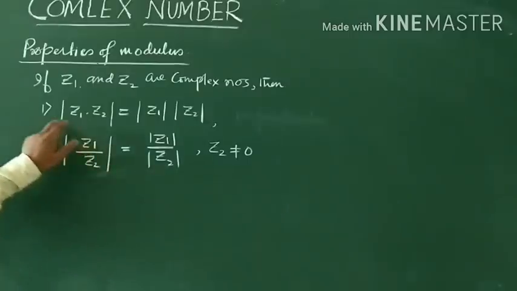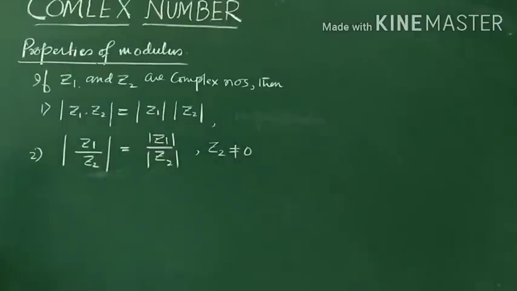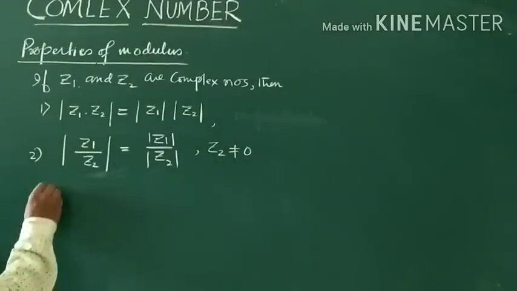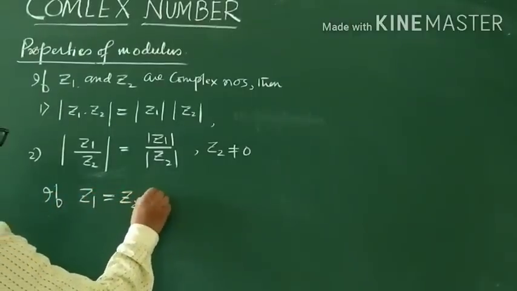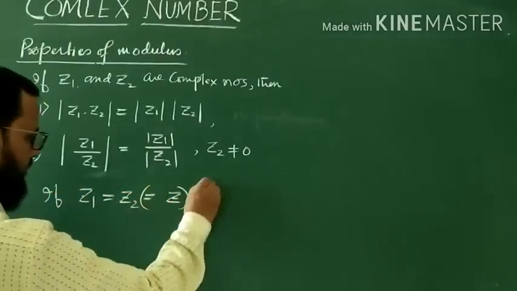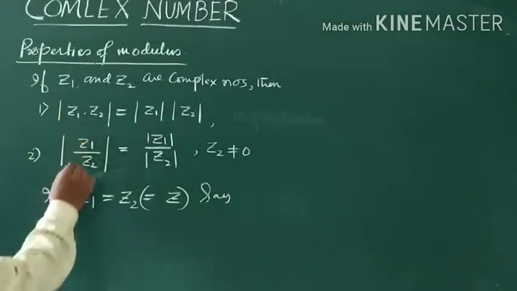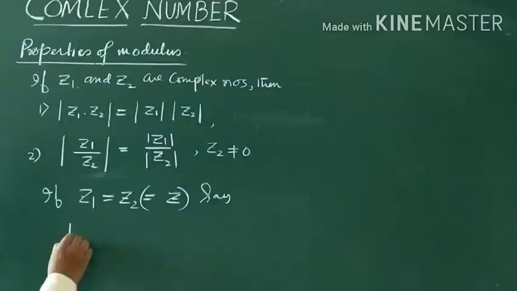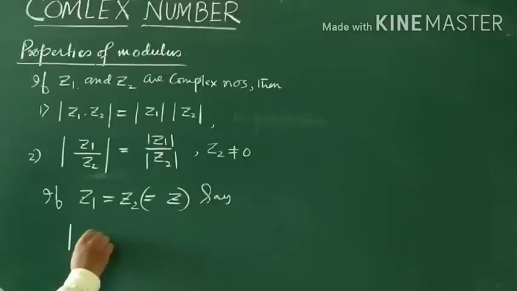This particular property can be modified also. Suppose Z1 is equal to Z2 is equal to Z. Then what will happen? The left hand side: Z1 is Z, Z2 is Z, Z into Z means Z square.